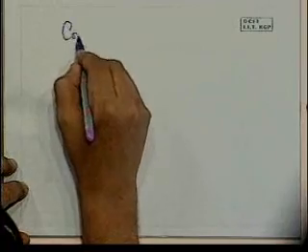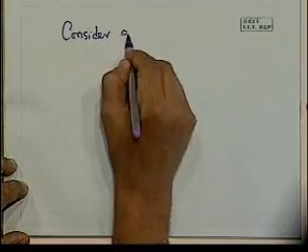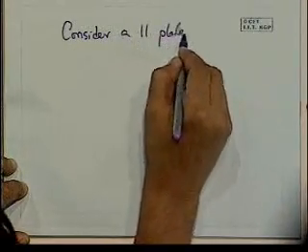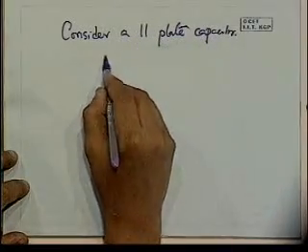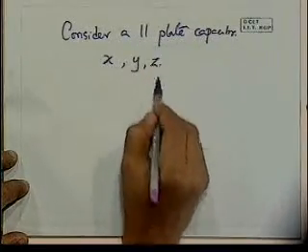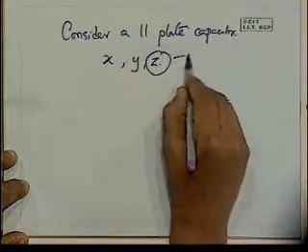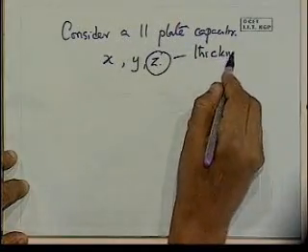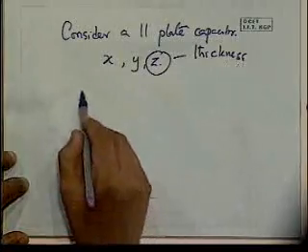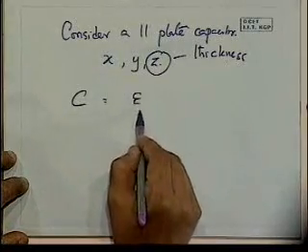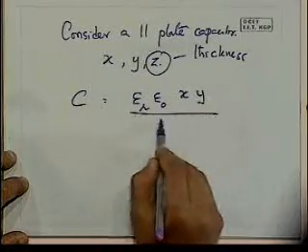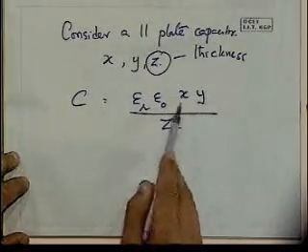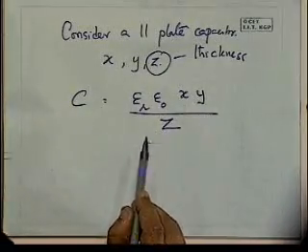Let's consider a parallel plate capacitor, with dimensions x, y, and z, where z is the thickness, and x and y constitute the area of that parallel plate capacitor. So we will write that C is equal to epsilon r, epsilon naught, xy by z, simply writing area as xy and thickness as z.